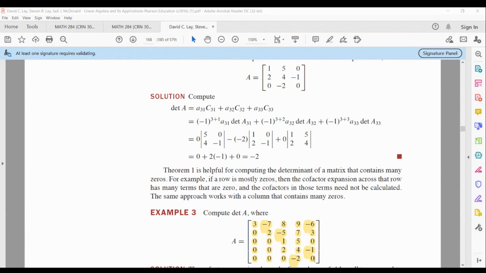What column would be the best column to expand on for a cofactor expansion?